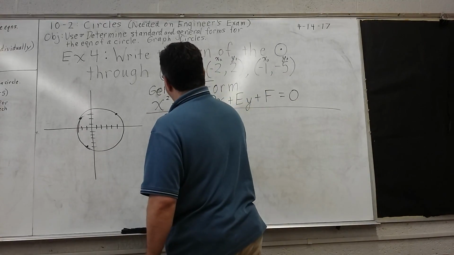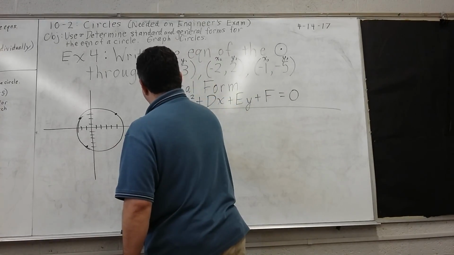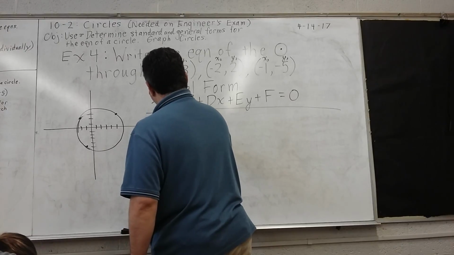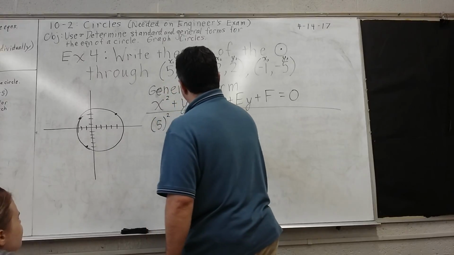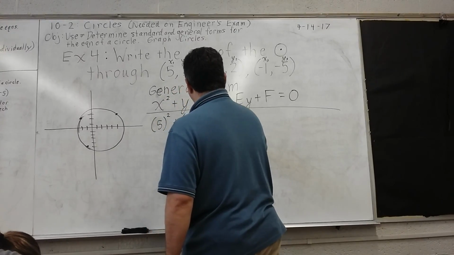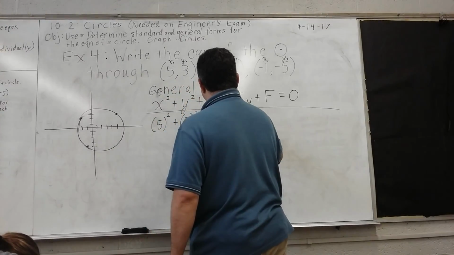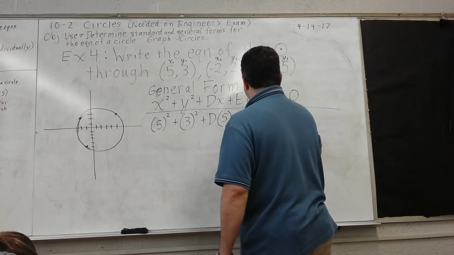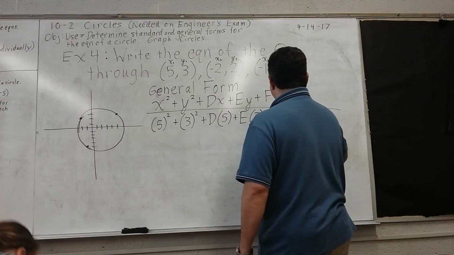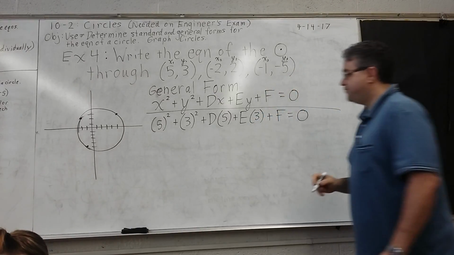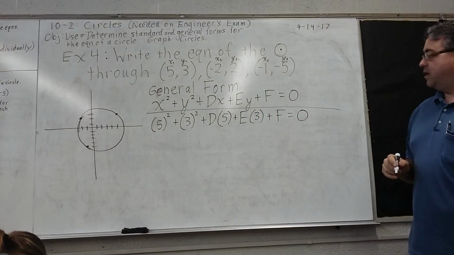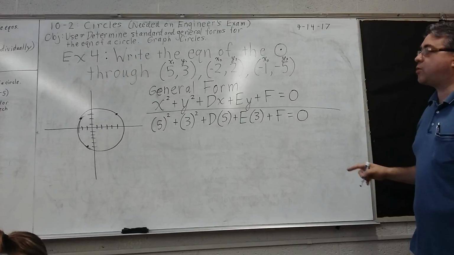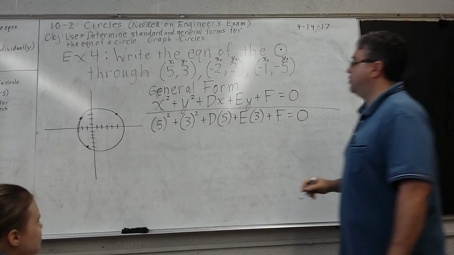We'll plug in x's and y's. So I've got 5 as my x, 3 as my y. Every time I get to an x, I'll put 5, and every time I get to a y, I'll put a 3. And that's one equation. Now we'll have to work with it a little bit, but that's an equation.